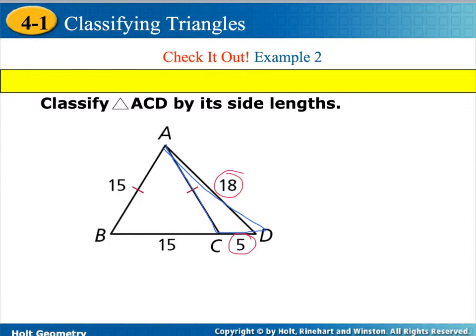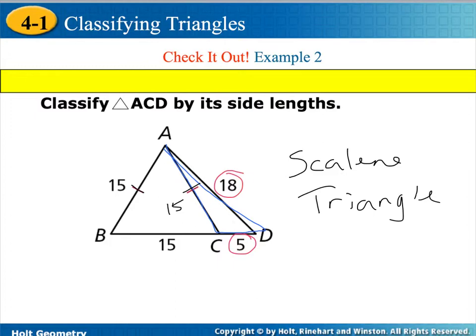However, what does it give us? It gives us these little tick marks, which means something is congruent. So what's congruent? AC is congruent to AB. What's AB? It's 15. So now we have a 15, 18, and 5. When we have 15, 18, and 5, what type of triangle is this? It is going to be another scalene triangle. What makes it a scalene triangle? No congruent sides. Scalene. Awesome.